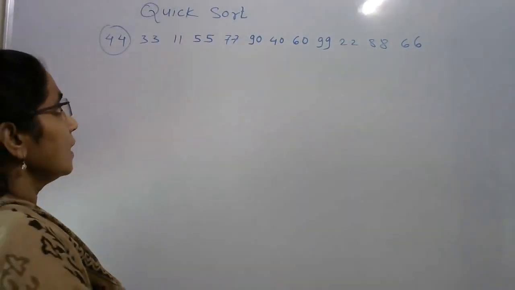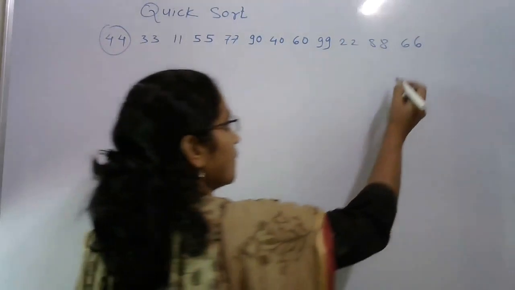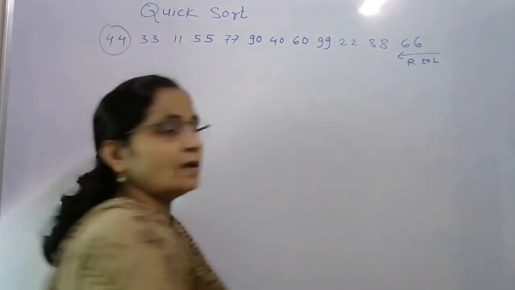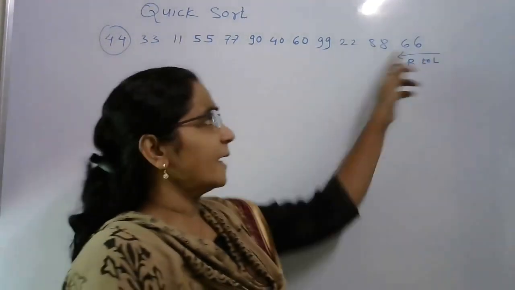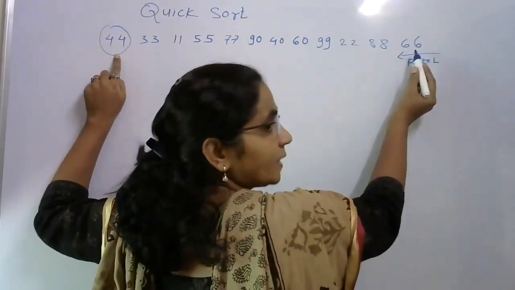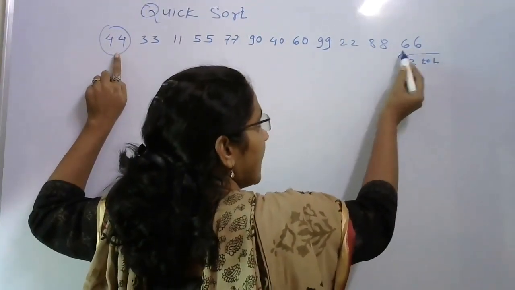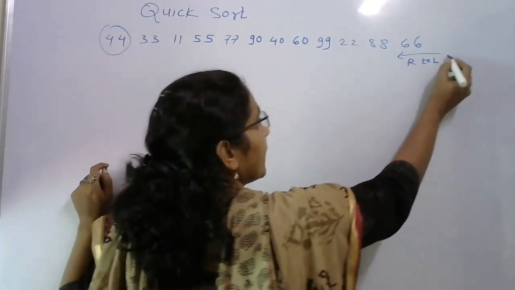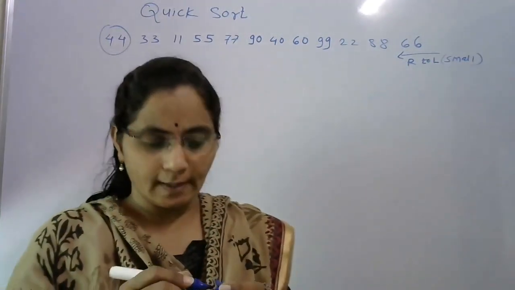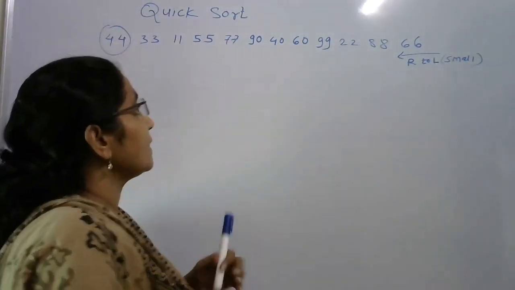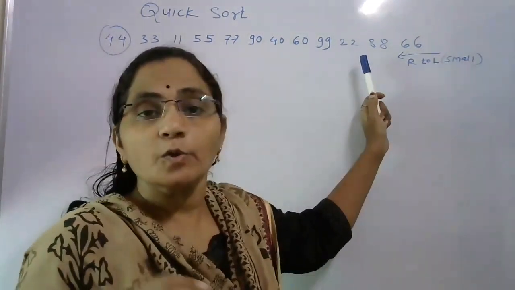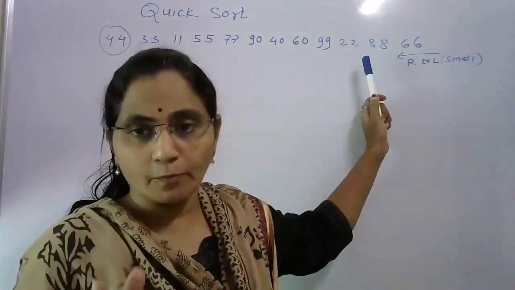Now, in the first pass, first of all, you have to scan the whole list from right to left, comparing 44 with each element, and stop the comparison when you get an element smaller than the pivot element. The pivot element is 44. You stop the comparison when you get an element less than 44.